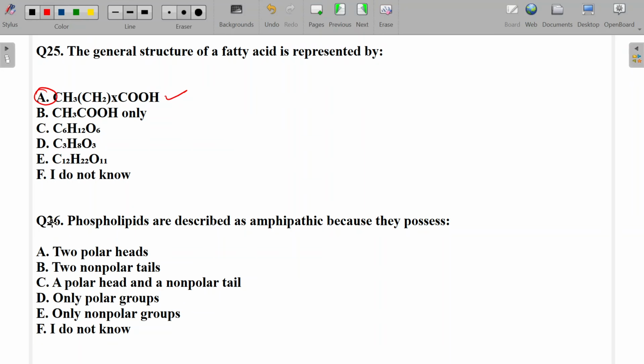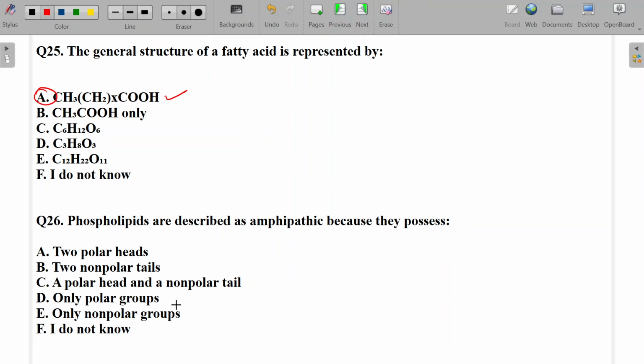Okay, so question 26. Phospholipids are described as amphipathic because they possess A, two polar heads. B, two non-polar tails. C, a polar head and a non-polar tail. D, only polar groups. E, only non-polar groups.